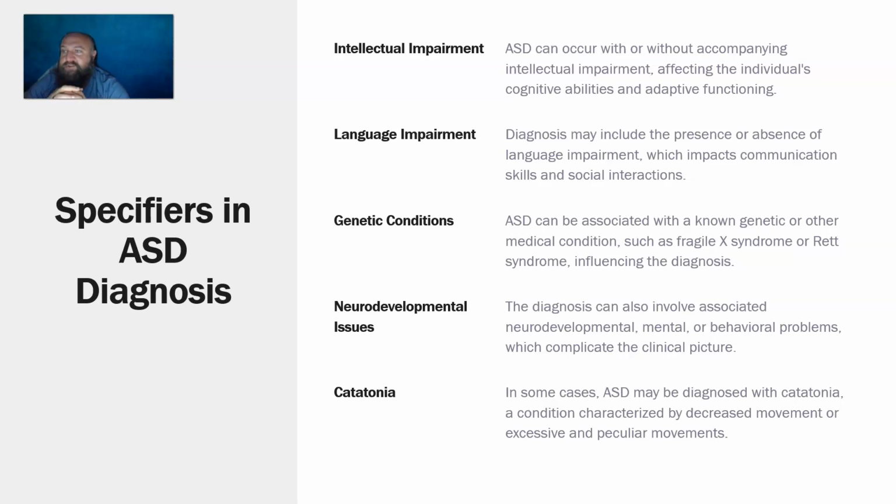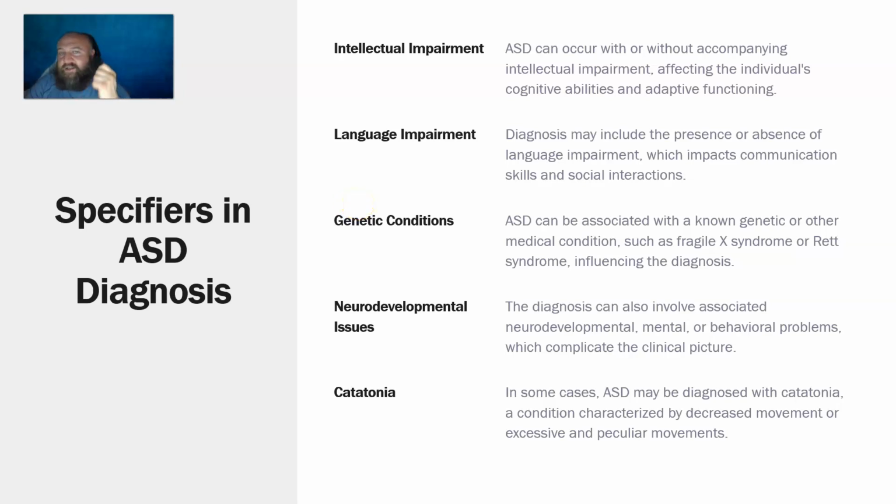So I could diagnose you as autism spectrum disorder with the specifier of intellectual impairment or language impairment or genetic conditions or neurodevelopmental issues or catatonia. So it's kind of added on. These aren't considered necessarily types, more so ways of describing what I would call unique features of a person who has autism spectrum disorder. Not everybody who has a diagnosis of autism spectrum disorder will have a specifier. And in fact, in my experience, most don't.